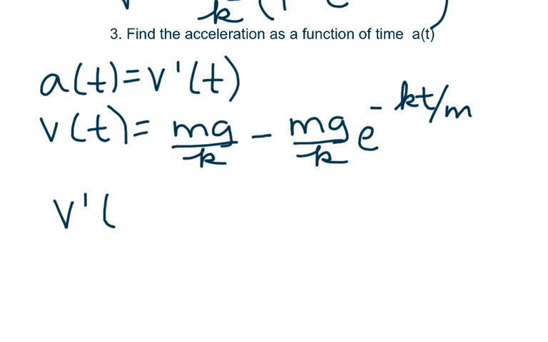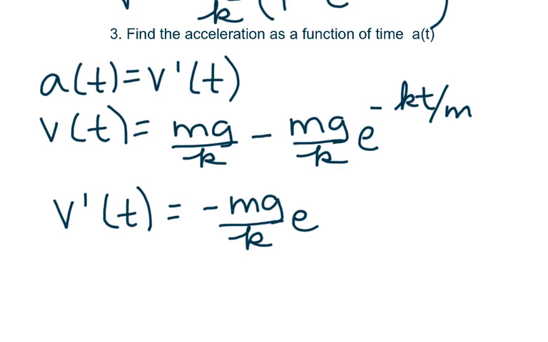Now, the derivative of this with respect to time is just going to be the negative mg over k times Euler's number. According to the chain rule, I then need to take the derivative of the exponent, because that's where the time variable is. So we multiply by the derivative of that exponent, which is negative k over m.